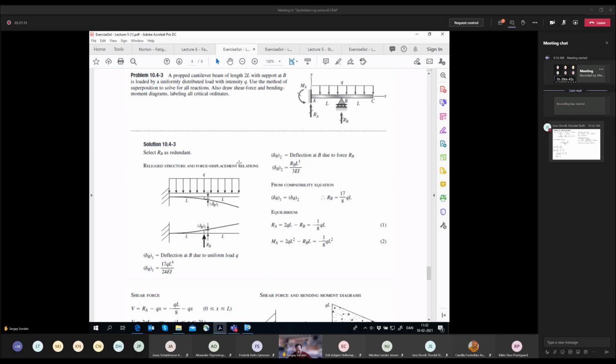Instead of L, you have to plug in 2L because this is the total length of the beam. And instead of x, you plug L because the coordinate x equals L, as you can see here. And then if you plug in x equals L, and instead of L you plug twice L, then you find this fancy formula, 17/24.